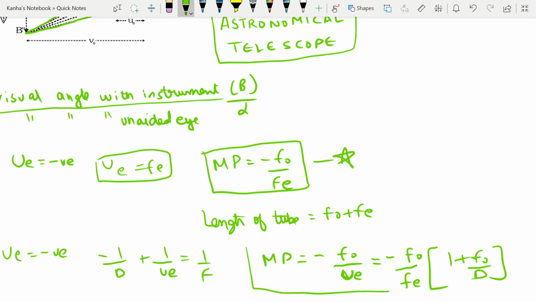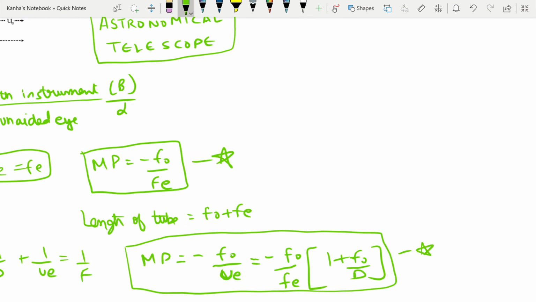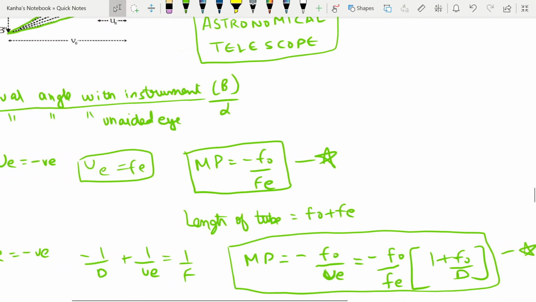So you should definitely remember at least these two things, because telescopes are prominent in the paper every time. If you already remember the formula for magnification, it will be very handy.